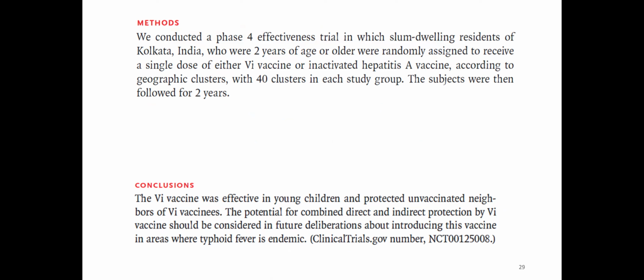And so what they found was when they just offered this vaccine in different groups, it was effective in young children and protected unvaccinated neighbors of the areas that received the particular vaccine. So this study took into account direct and indirect protection of the vaccine.